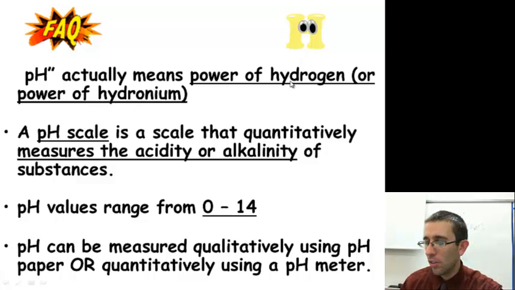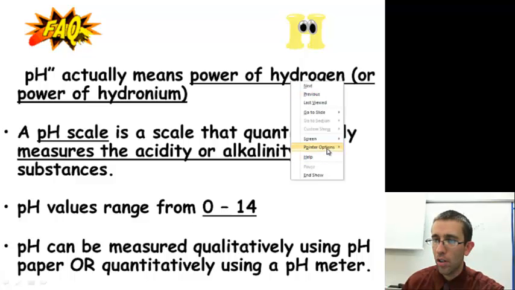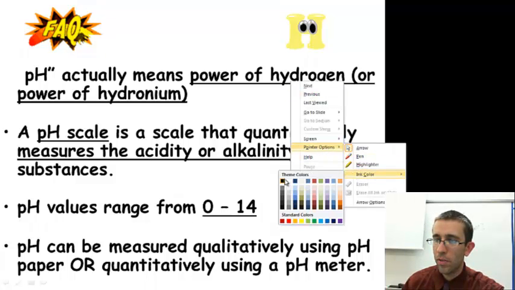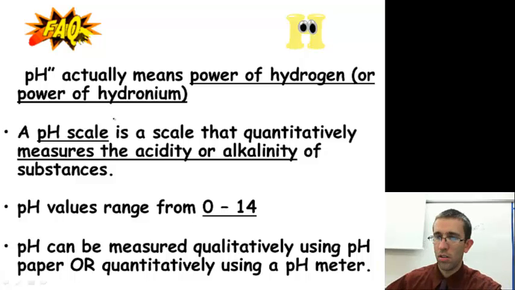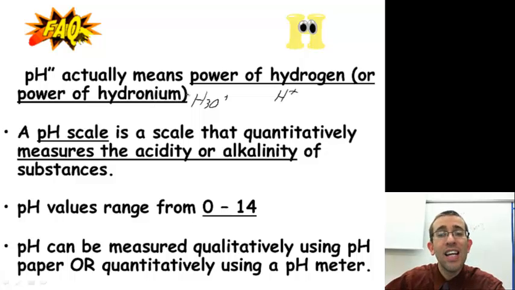And I told you, and hopefully you remember, that when it comes to acid-base chemistry, hydrogen ions and the hydroniums, H3O+, these terms are used interchangeably. Power of hydrogen or power of hydronium is what pH means. It actually came from the French.